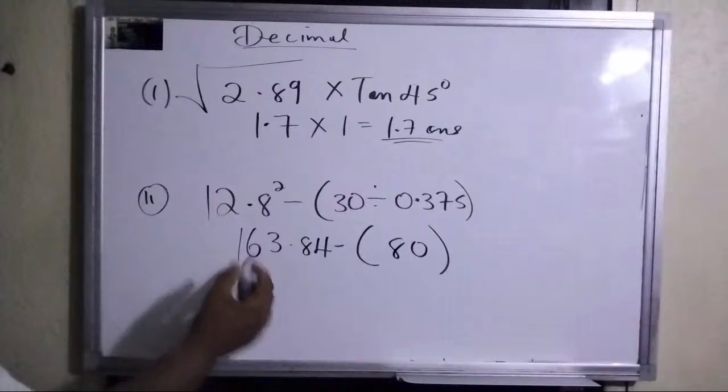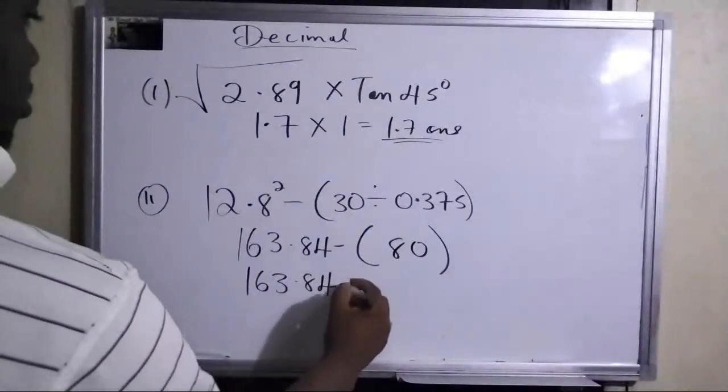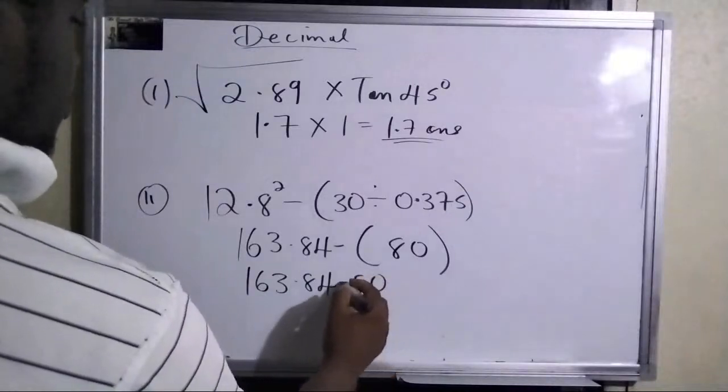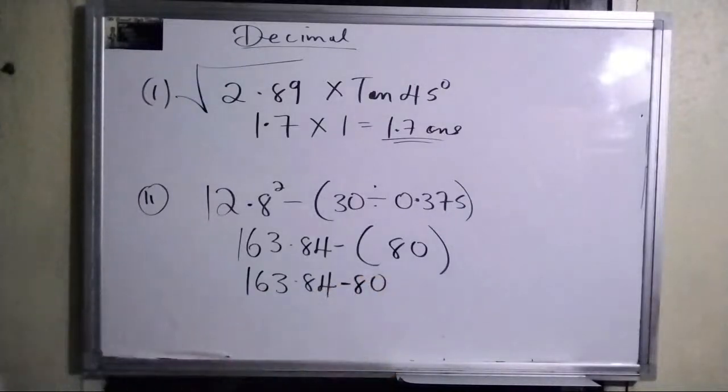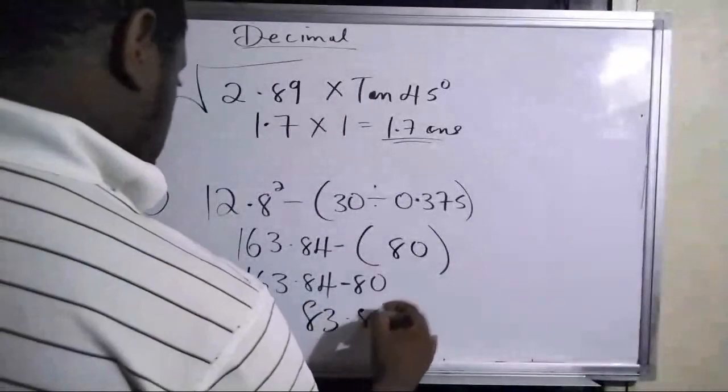So all we have to do now is to subtract 80 from 163. And that's it. So it's 163.84 minus 80, which gives us 83.84.